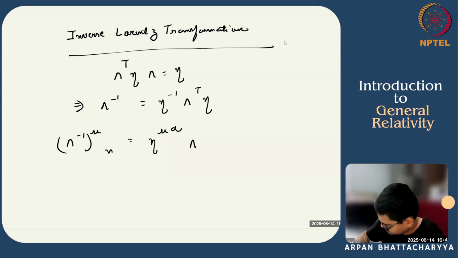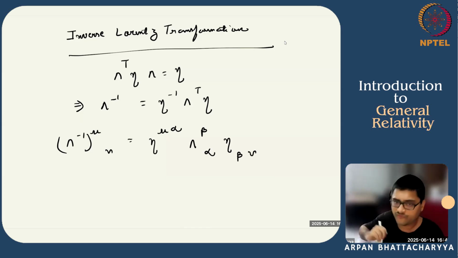So it will contract with the downstairs index beta, and then again this beta will be contracted with the eta, and have an index nu, right? So now all the indices are correct, and we can use the raising and lowering of indices to see that we can raise this alpha, which will become nu, and lower this beta, which will become nu. This will give mu beta.